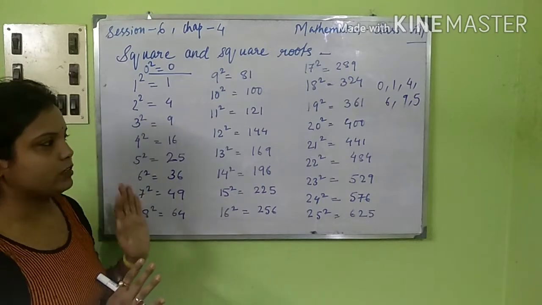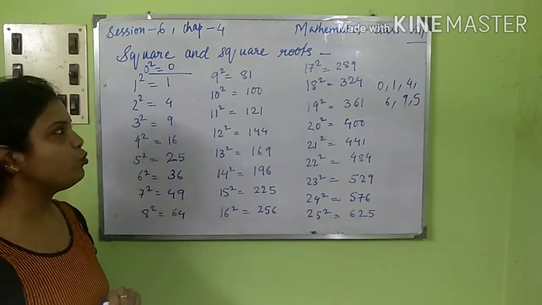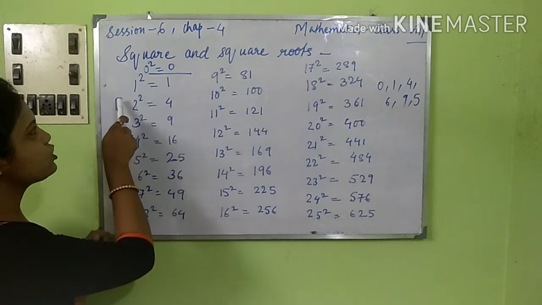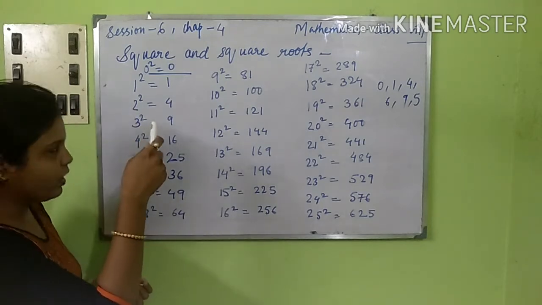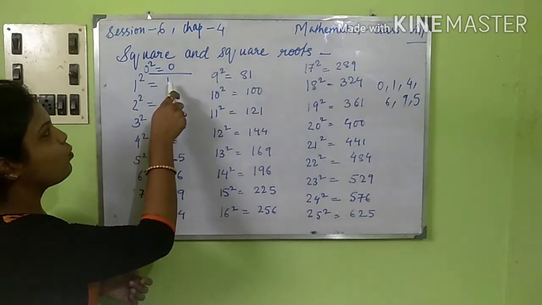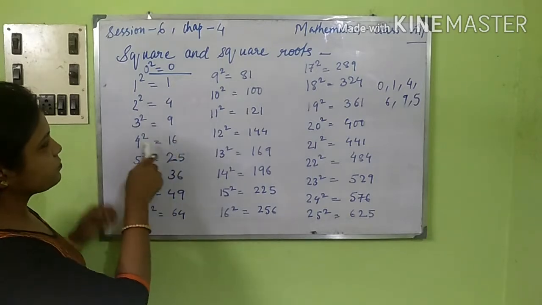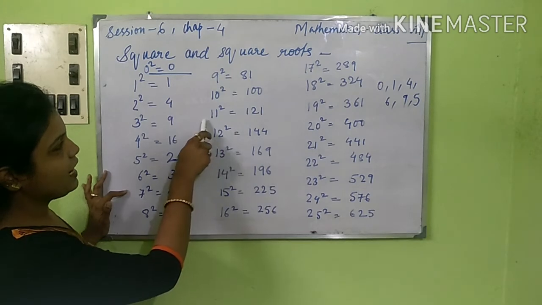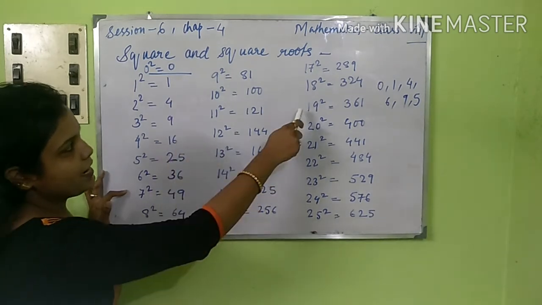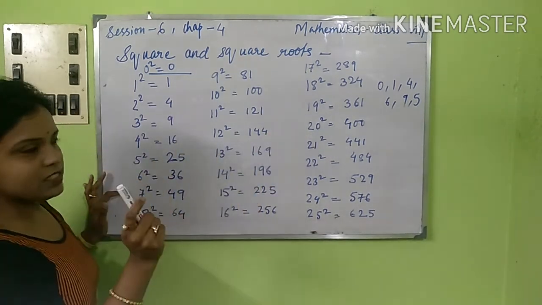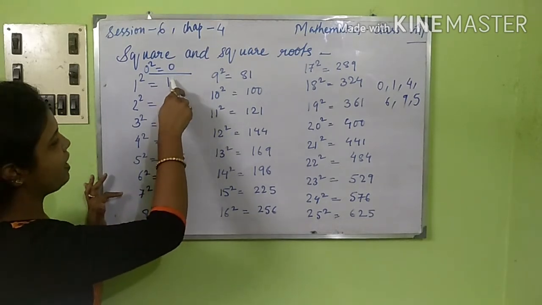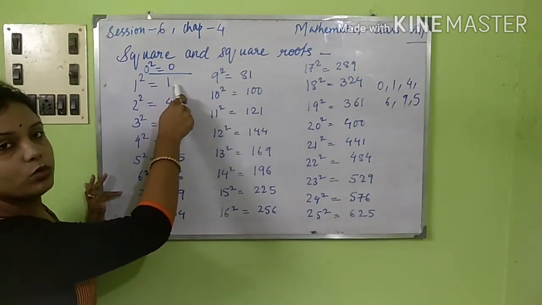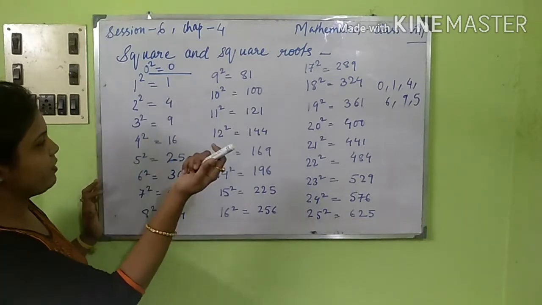From the squares, next, one more thing you might find out. For the squares of 1, 9, 11, 19, just see that these all have 1 in the units place. 1 square is 1, right?